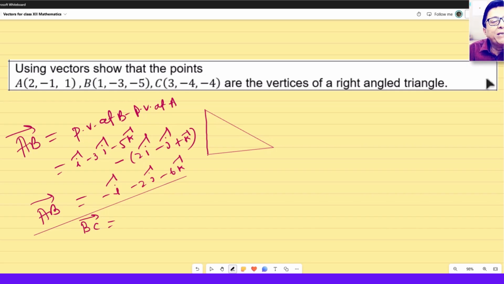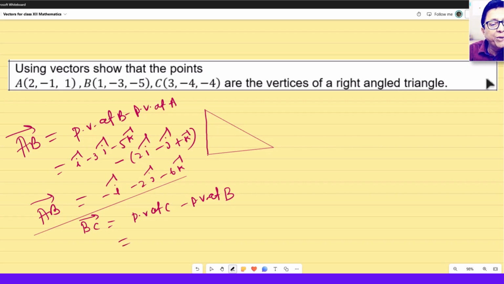BC vector, similarly, the position vector of C. If you are answering your descriptive question paper in school or board, you have to show these steps. Okay.